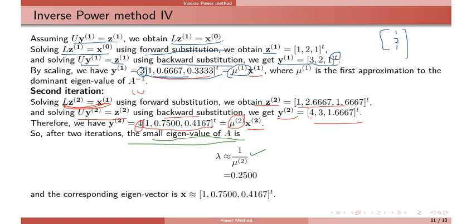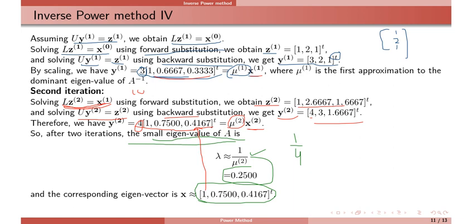So the eigenvalue of A inverse is 4, so the eigenvalue of A will be 1 by 4, which is 0.25. So 1 by 4 is the smallest eigenvalue, and the eigenvector remains the same. So what is the eigenvector? Same. The eigenvector won't change.